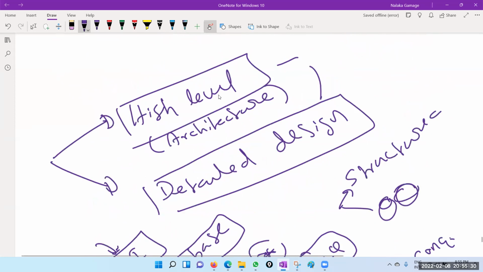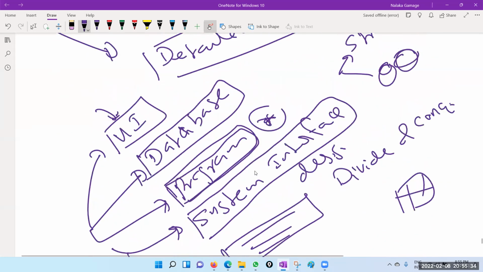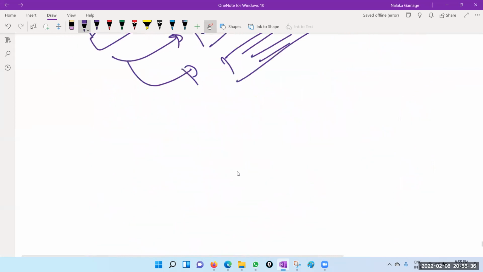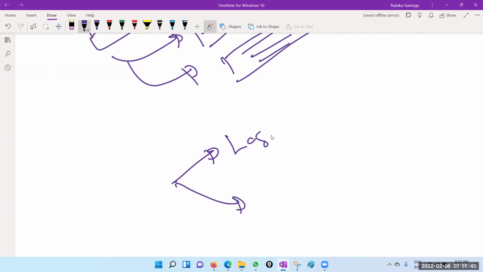And also high level and detail, architecture and detail. Another way of looking at designing is logical design and physical design. We already discussed this for databases.